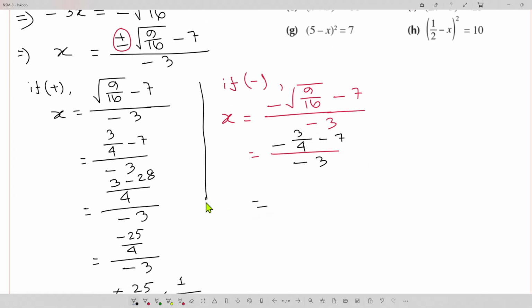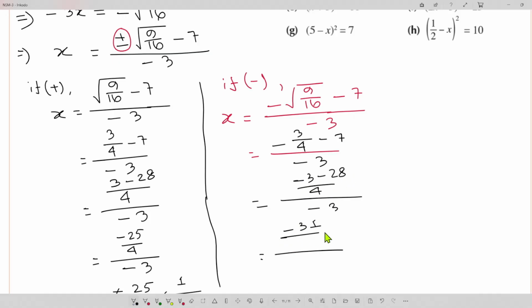Then make the LCM: minus 3 minus 4 times 7 which is 28, divided by minus 3. Now minus 3 and minus 28 is minus 31, over 4, divided by minus 3.